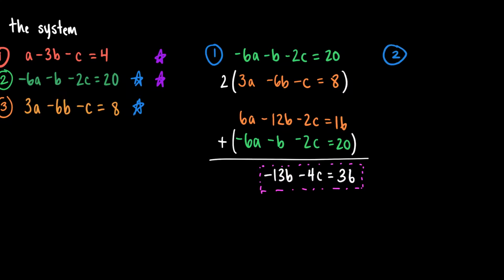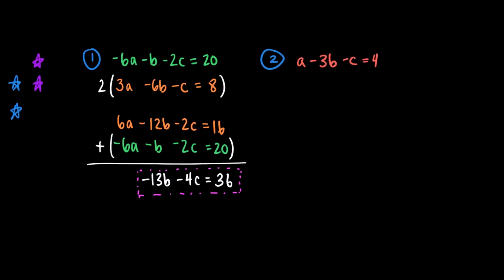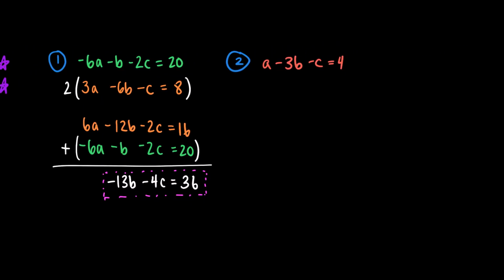All right, so step 2, our first couple equations are A minus 3B minus C equals 4. And then the green equation, I can move over and just recopy that. All right, so the green equation was negative 6A minus B minus 2C equals 20.